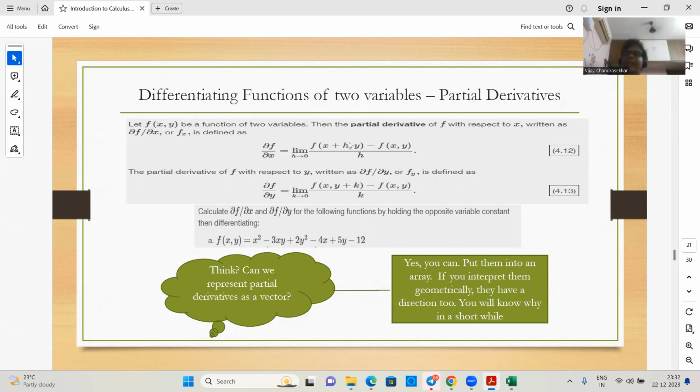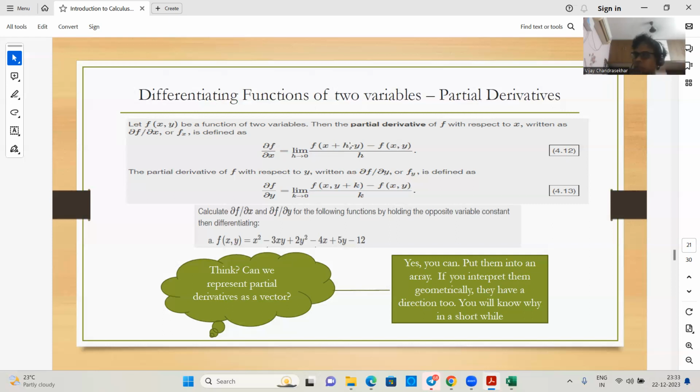And of course, how do we calculate derivatives? The change divided by, just go back to how we calculated derivatives for functions with one variable. f of x plus delta x minus f of x, by delta x, as delta x tends to 0. I think, of course, the limit, something that we all learned in class 11, class 12.